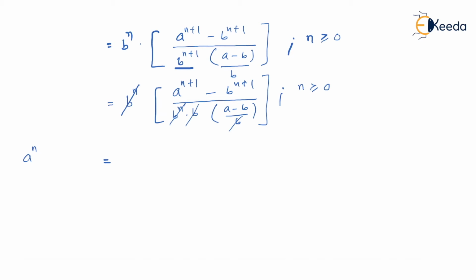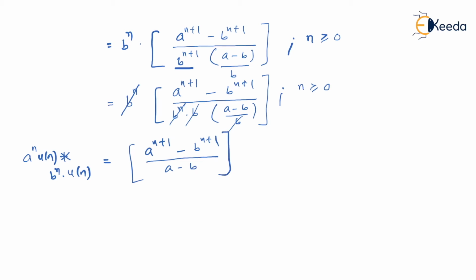So a to the power n u of n was convolved with, if you remember, b to the power n u of n, and now what we have finally is a to the power n plus 1 minus b to the power n plus 1 whole divided by a minus b, provided n is greater than or equal to 0.